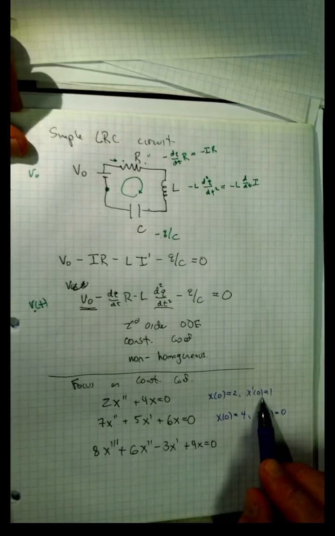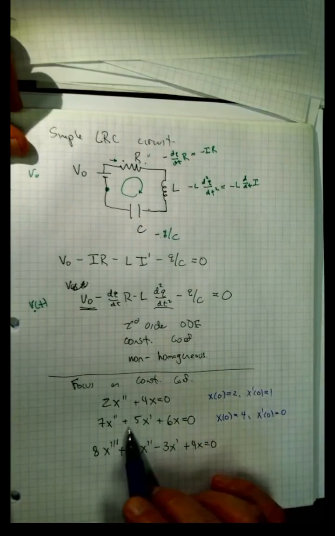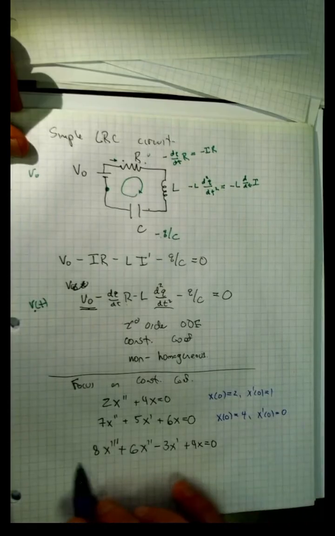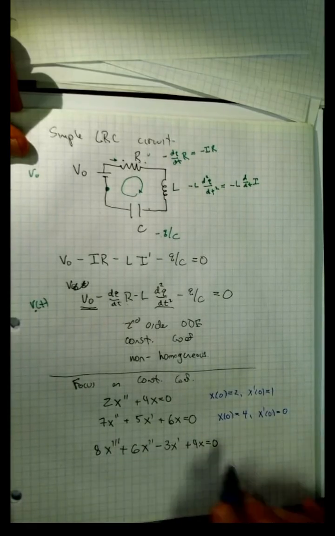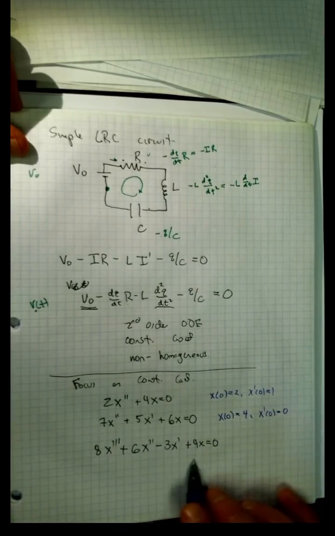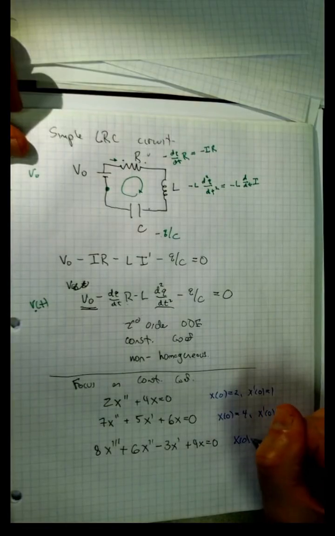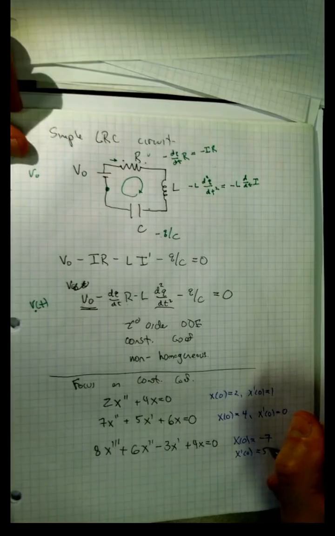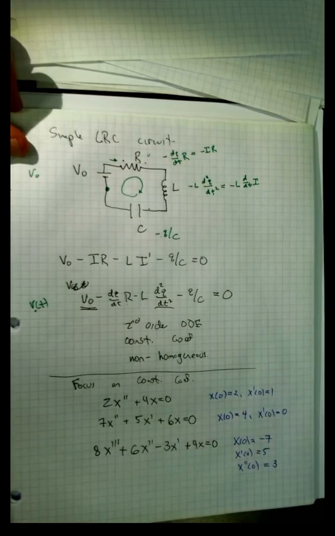Set up this equation, and then solve for the two unknowns. Same thing here. Because we have a third order differential equation, when you go to undo this, you can think of this as doing three different integrals. You can have three unknowns, so you need three equations. So you might need information like this.